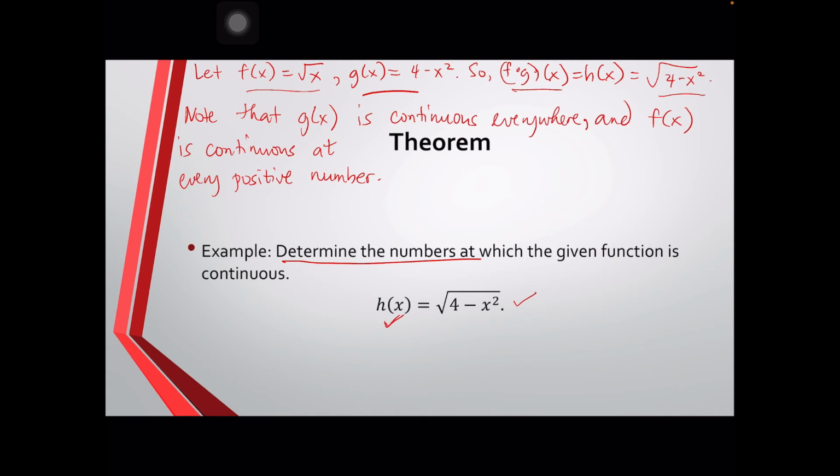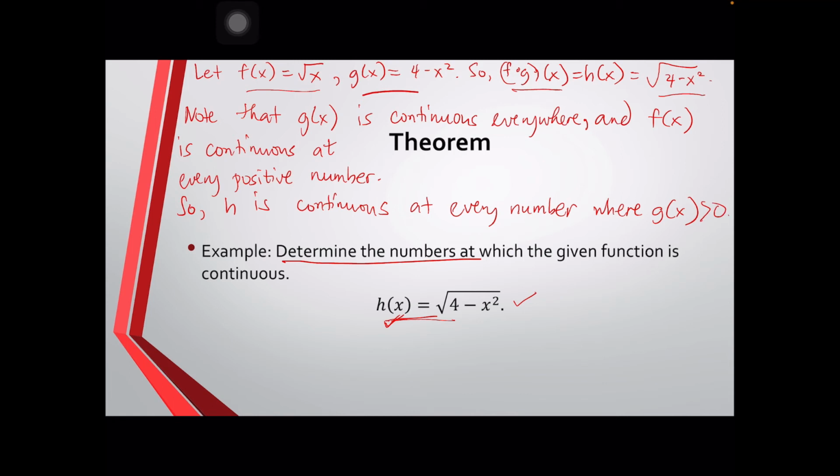So let's conclude that h, 4 minus x squared, is continuous at every number where our g of x would be greater than 0. So where g of x is greater than 0.